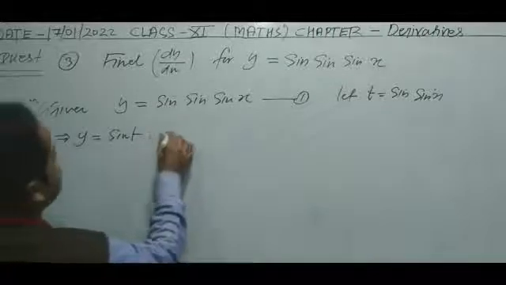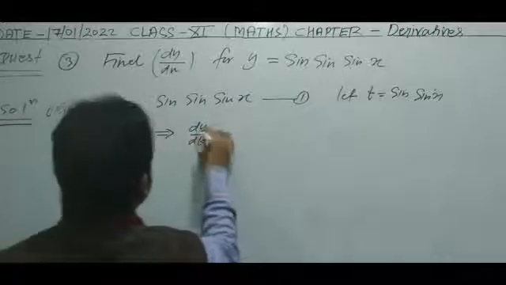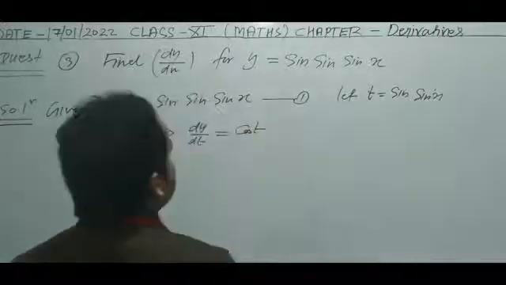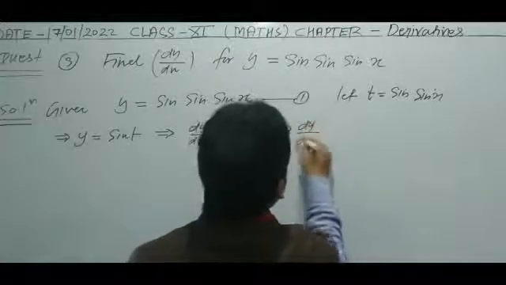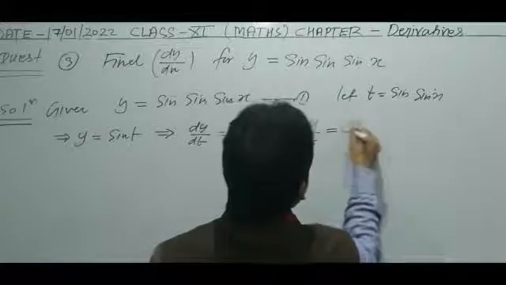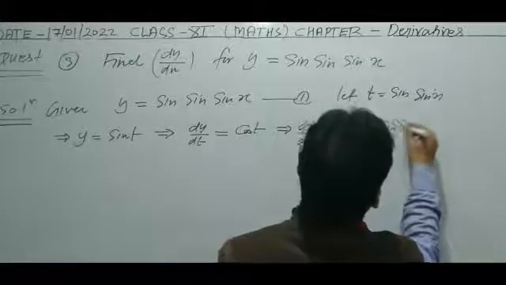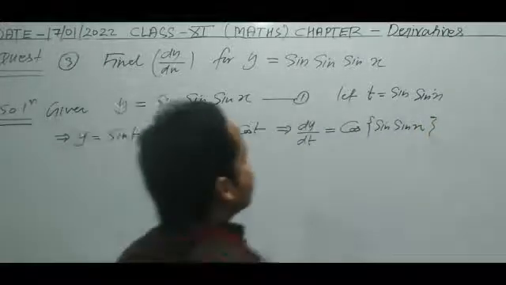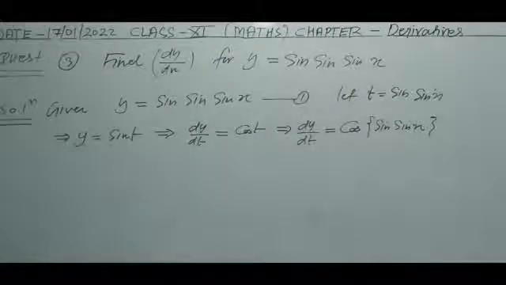Now this implies dy by dt result we can write this is cos t. This implies dy by dt is equal to cos of sine of x. This is equation 2, consider.